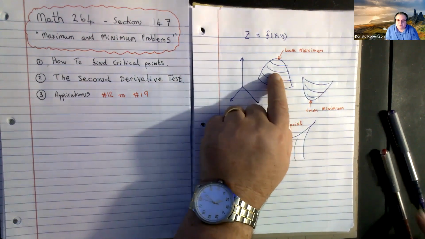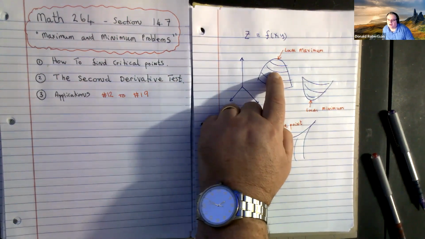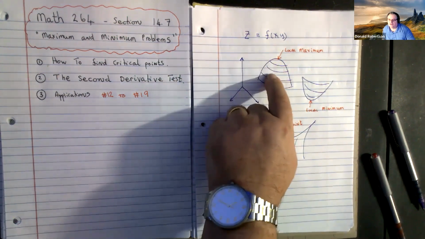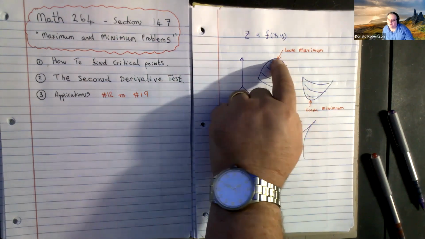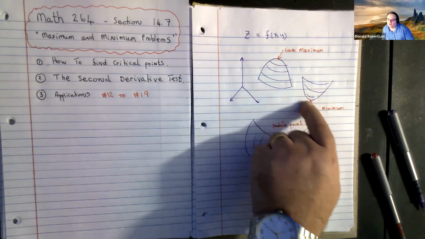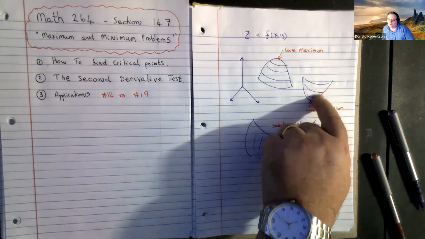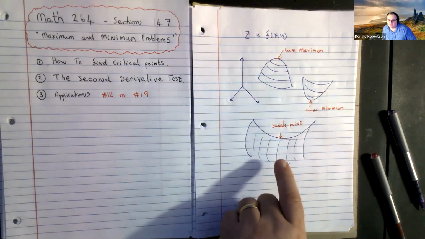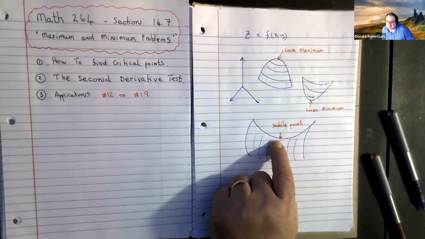Now, it's pretty obvious to look at that and say it's a local maximum. No matter what direction you travel on that surface, isn't that the top of a hill? It's a maximum. And no matter where you travel locally close to this guy, you're always going to head downwards to a minimum. But this shape here, it depends on which direction you are traveling, whether you would think of this as being the top of something or the bottom.